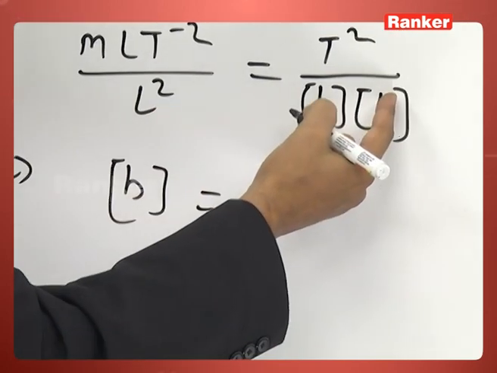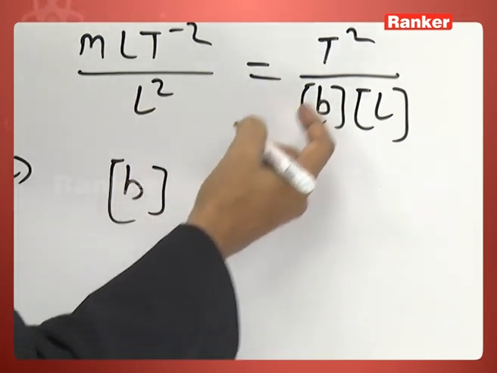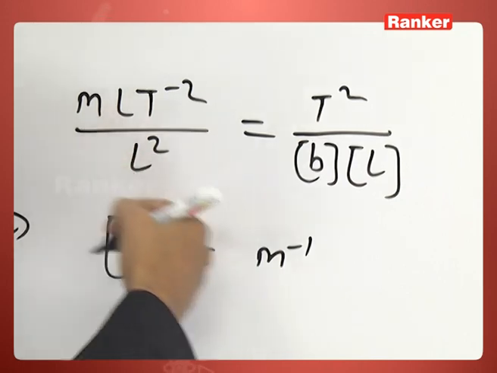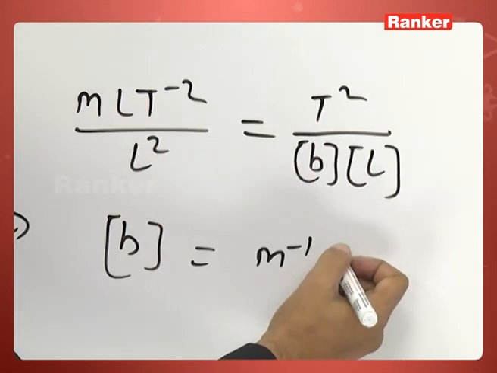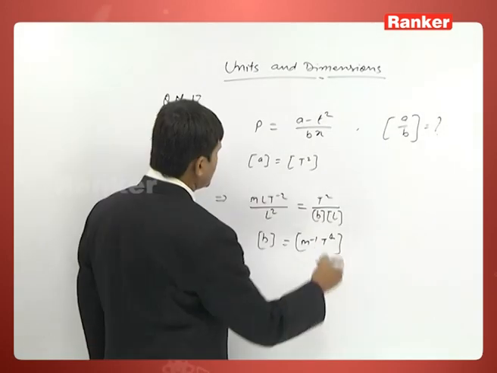Check it. 1 L, 1 L cancel. So the dimension of B is equal to M^-1 T^4. This is the dimension of B.